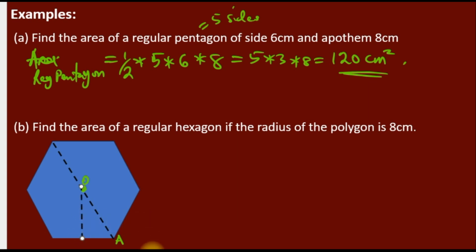So from here to here is the apothem. But they didn't give us the value. But we know that this is 90 degrees.